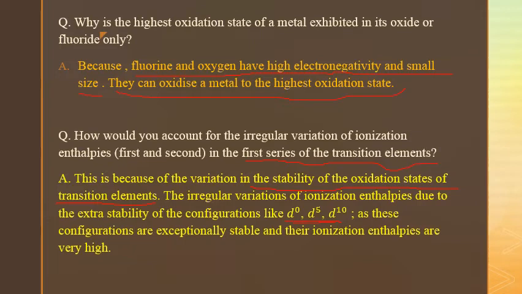That's why in such cases the ionization enthalpies are very high. Therefore in 3d transition series, or the first transition series, we see an irregular variation in the first and second ionization enthalpies of the elements.